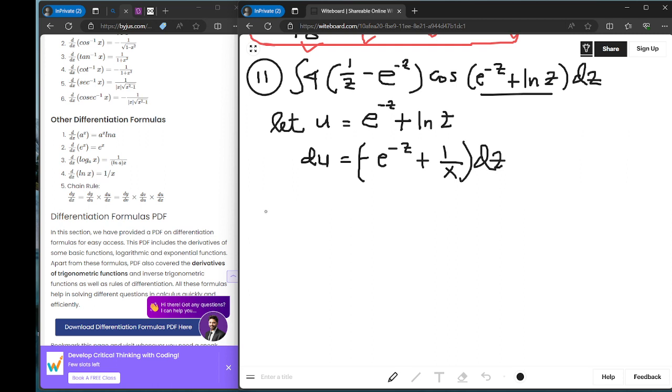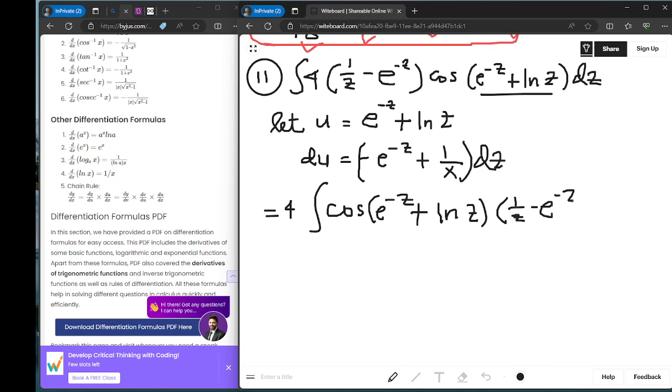So if we take a look at the given, we can rewrite it as cosine of e to the negative z plus ln of z times 1 over z minus e to the negative z times dz.